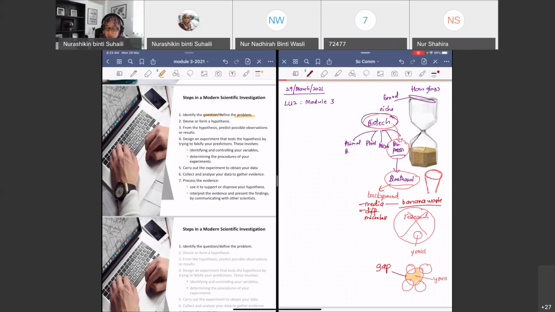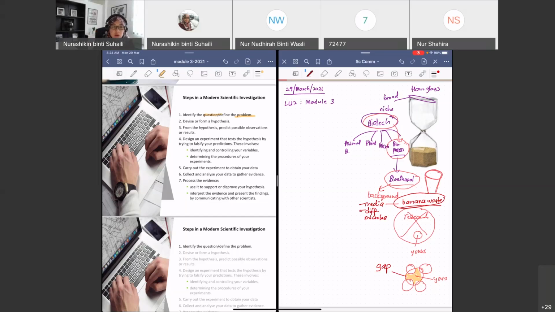If you figure out that that is the area not yet explored, and you want to focus on that, that will be your another niche area. As I mentioned just now, you go from biotech to bioprocess to bioethanol, and even within bioethanol, there are things that you want to focus on more.